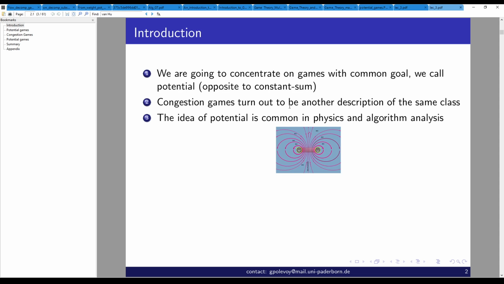By analogy, in algorithms it was used as a technique to analyze, for example, the amortized complexity. When you look at one common function which represents how much time or some other resource the algorithm has used in total, or something which is a function of the state of the thing that the algorithm manipulates, that's the analogy to the physical potential.